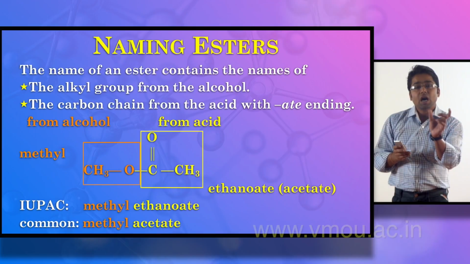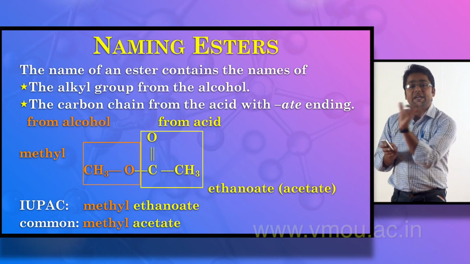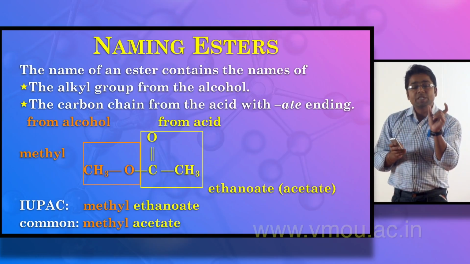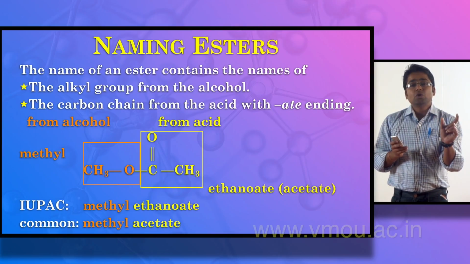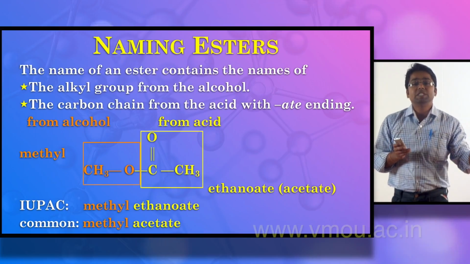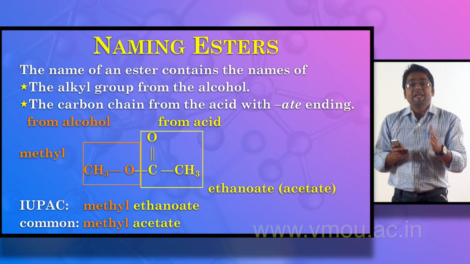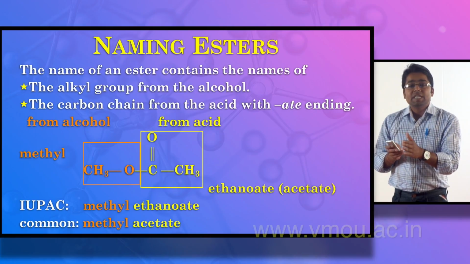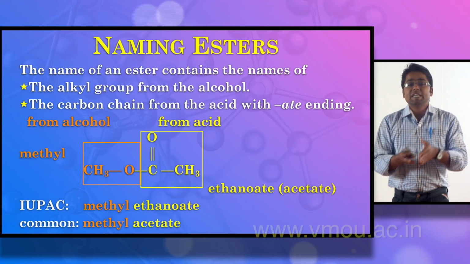One is the alcohol group and the other is the carboxyl group. The alcohol part is named as an alkyl of that particular carbon chain, and the carboxyl part is added with the suffix -ate, that is, the e of the alkane is replaced by -ate.